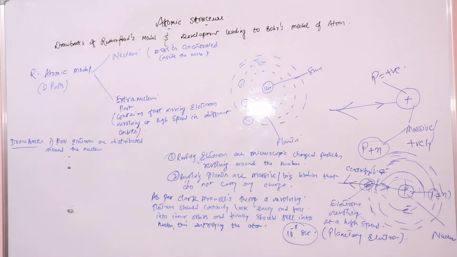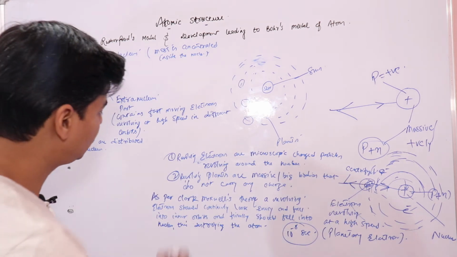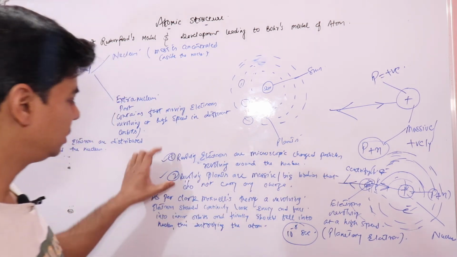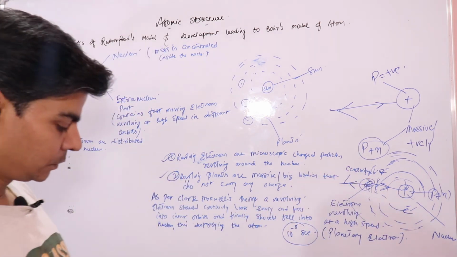Now this was the major drawback of the Rutherford model, wherein he compared his model of atom with the solar system. And these are two main differences between the solar system and the nuclear model.